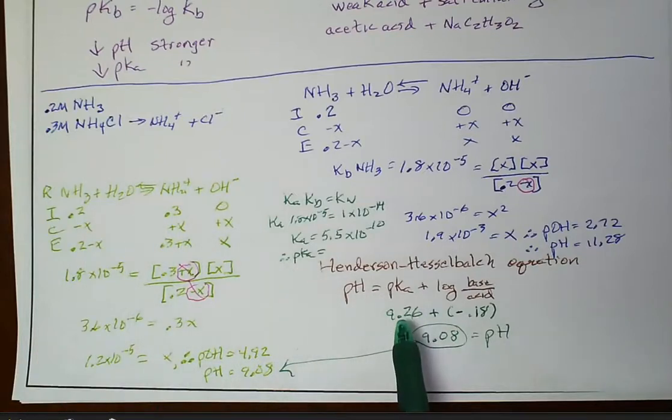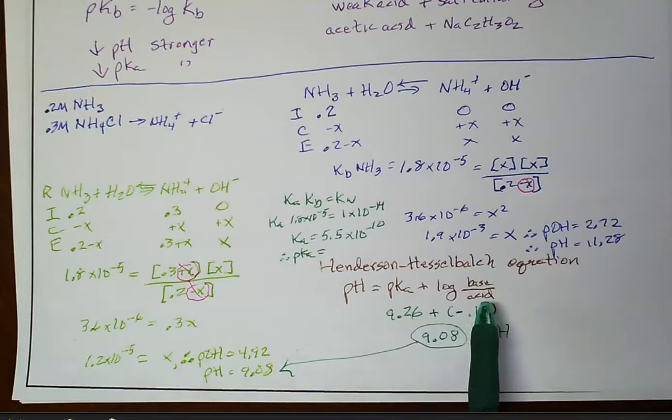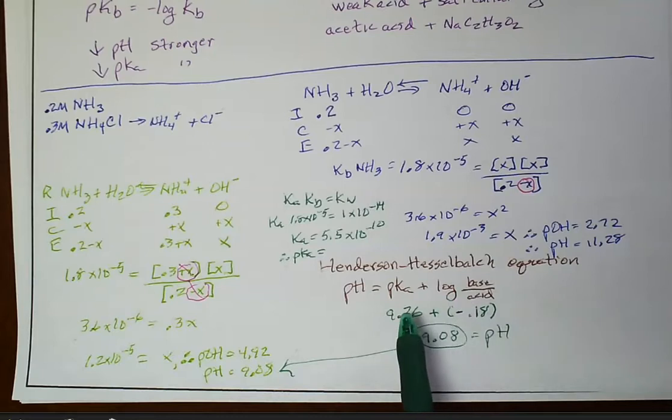So the pKa is 9.26. By putting in more of the acid, that number should go down. And by putting base over acid, having 0.2 over 0.3, the log of that becomes a negative number. If I'd put the acid over the base, I would have 0.3 over 0.2, which is 1.5, and the log of that would be a positive number, and it would make this go up.